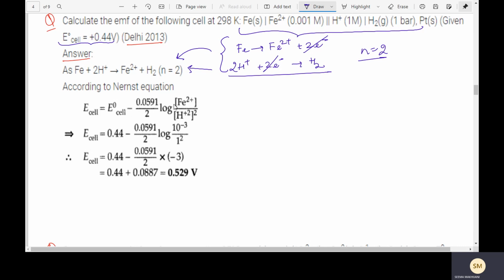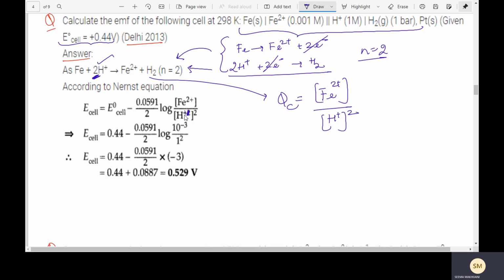Now, your Nernst equation, as we did in the last question, is equation C. You can easily write the expression for QC, which will be equal to the ions in the products divided by the ion in the reactants, H positive. Now that there is a 2 here, so you have a power like this. This should be 1.